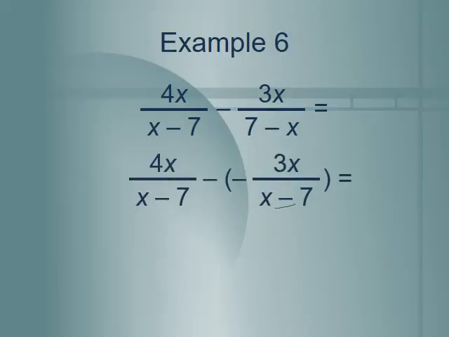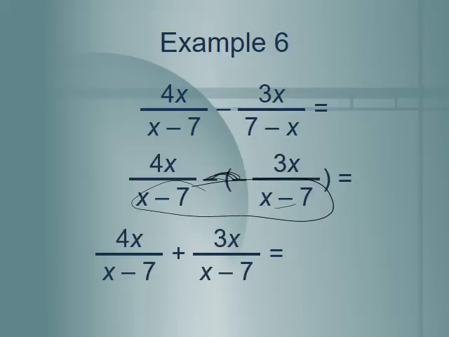And because this negative can go anywhere, we're going to move it up so that our denominators now are the same. But we will have to be careful of the fact that we have 2 negatives here, so that's going to make us have to add. So we're going to end up with 4x plus 3x, which is 7x over x minus 7.